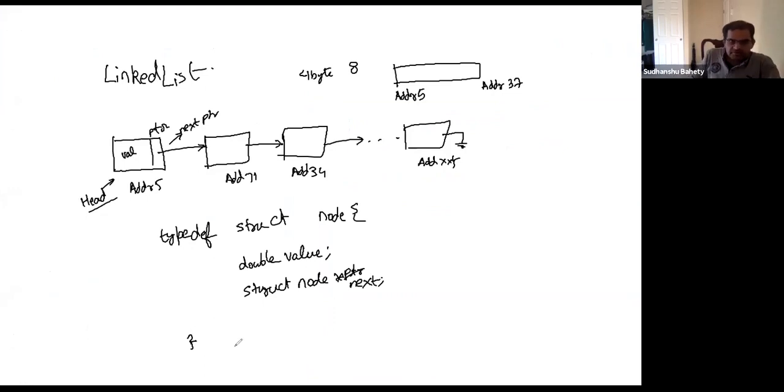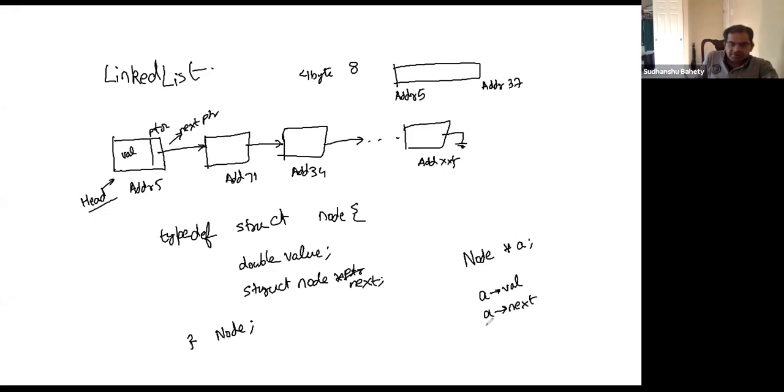Say this is called node, and this is how I define my structure. Now say I define a variable node star a. So what is a? A is a pointer to that node, where the value is stored. Since a is a pointer, we say a arrow val and a arrow next.